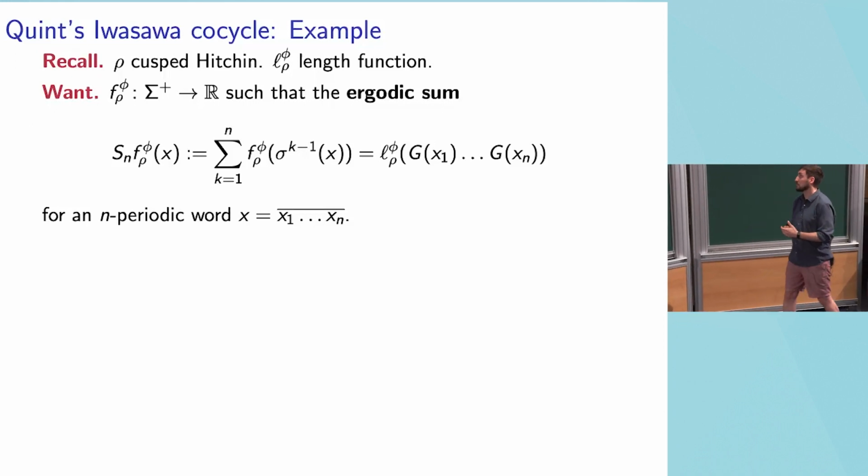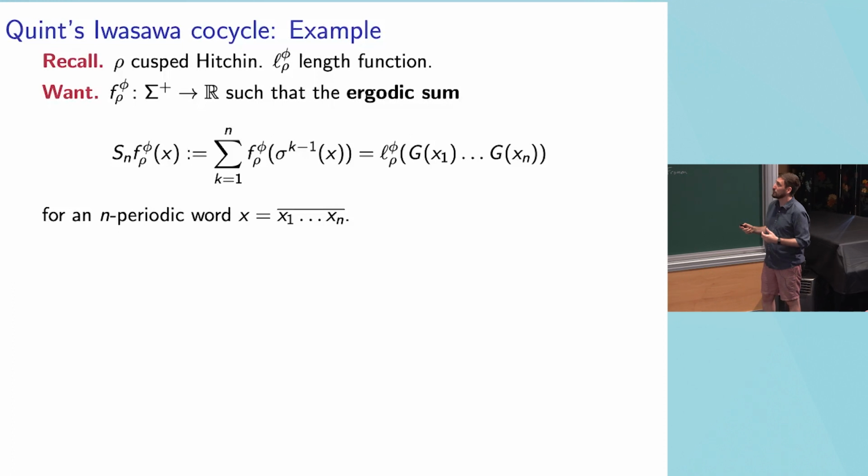Okay, and so there is a standard way to think of such a potential and associated to it a length. And the idea is that you take your potential and you take a periodic word, and what do you do to it? Well, I can look at f evaluated at x, and then I can do one shift. I can do f evaluated at sigma x, and then I can do that as many times as the period.